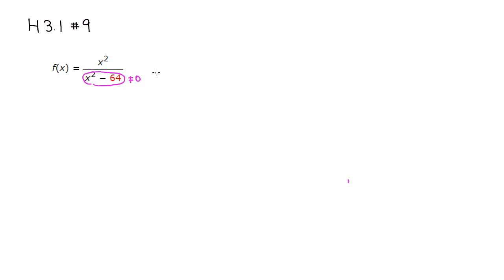Since this is a difference of squares, you can factor it as x plus 8 and x minus 8, and we don't want that equal to 0. So x cannot be equal to plus or minus 8, so we have to eliminate that. Positive 8 and negative 8 cannot be critical numbers.